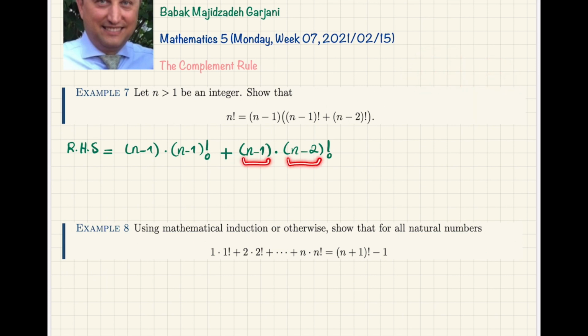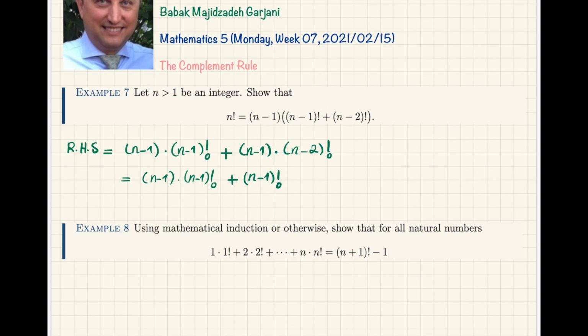These two numbers differ by 1 unit, and this one is smaller than this one. So I can collect the second one. I cannot do anything for the first one, it is n minus 1 multiplied by n minus 1 factorial. But the next one can be collected as n minus 1 factorial.